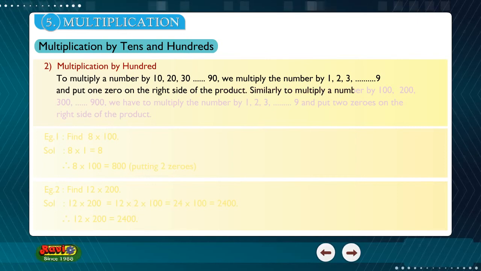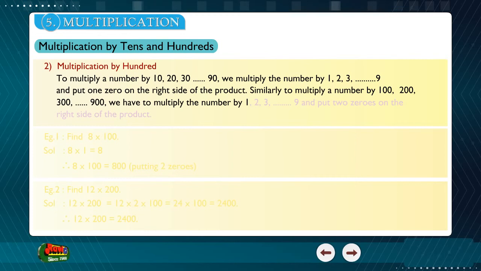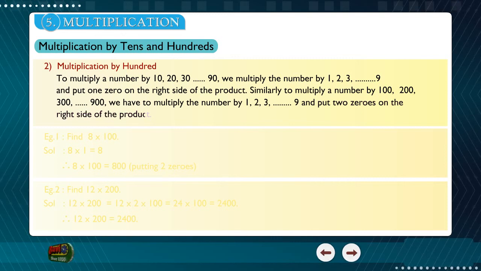Similarly, to multiply a number by 100, 200, 300, and so on to 900, we have to multiply the number by 1, 2, 3, and so on to 9 and put 2 zeros on the right side of the product. Example 1. Find 8 into 100. Solution. 8 into 1 is equal to 8. Therefore, 8 into 100 is equal to 8 hundreds. Putting 2 zeros.